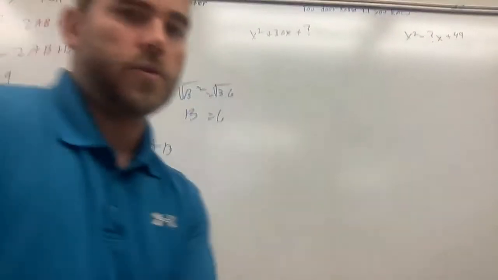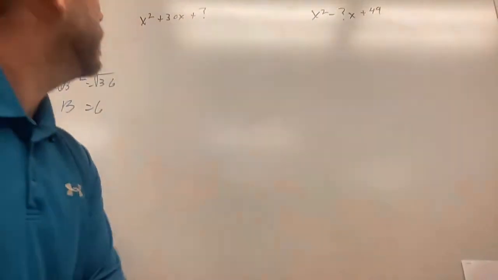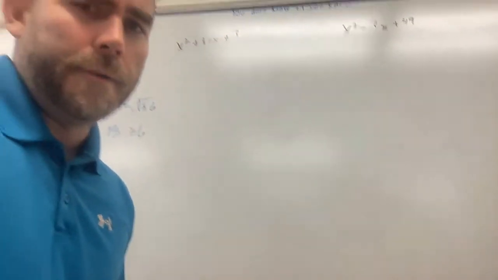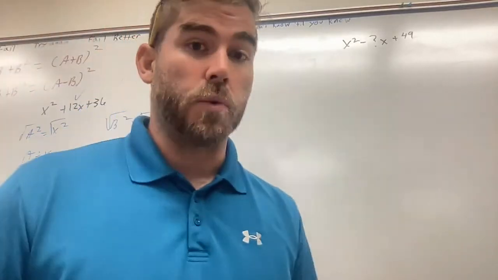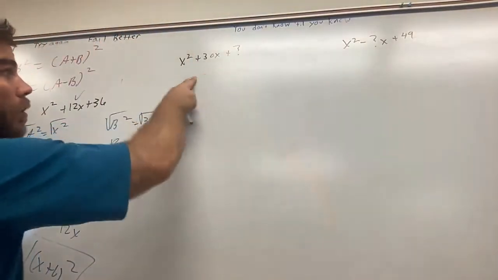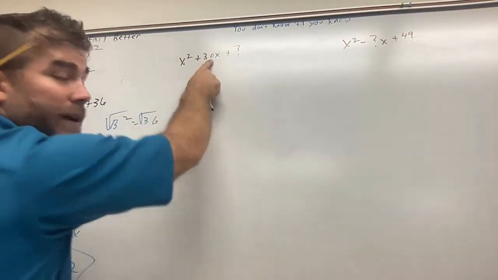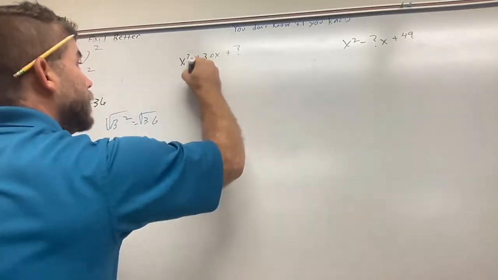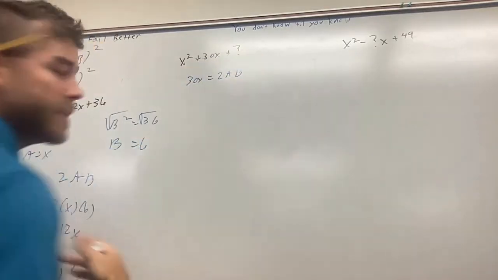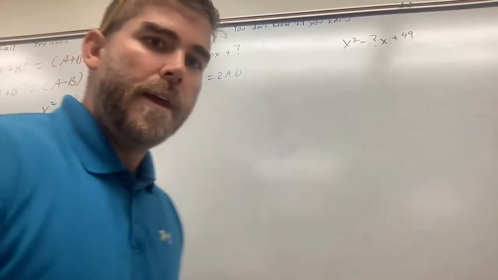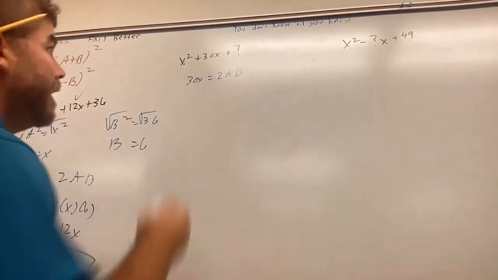All right, these problems are from your checkup problems. The instructions were: what value is the question mark supposed to be to make it a perfect square trinomial? So we have an x and we have a 30. Well, I know the 30x equals 2ab, right? That's the formula for a perfect square trinomial, the middle term is going to be 2 times a times b.